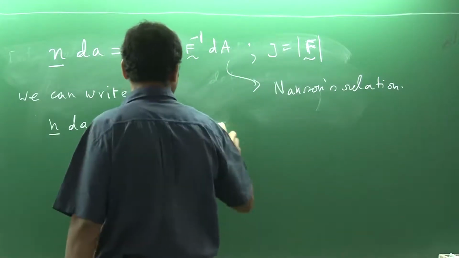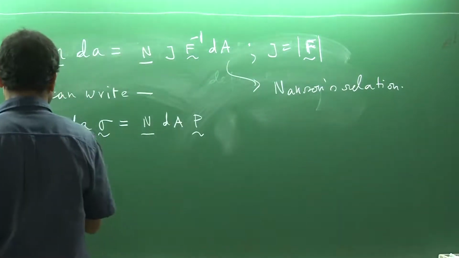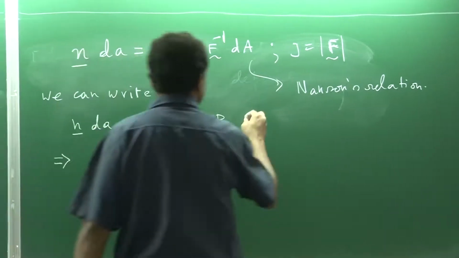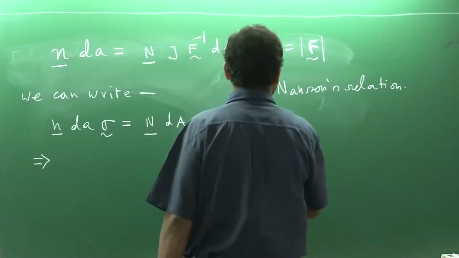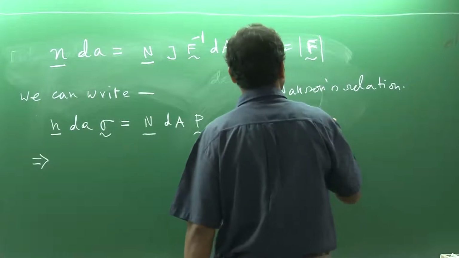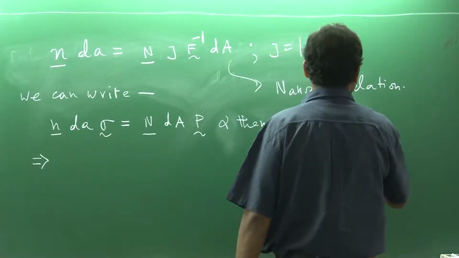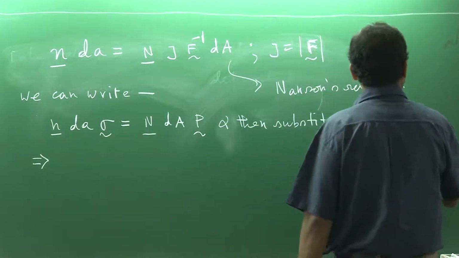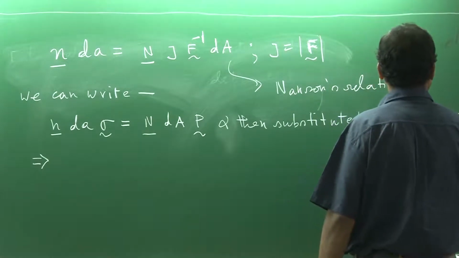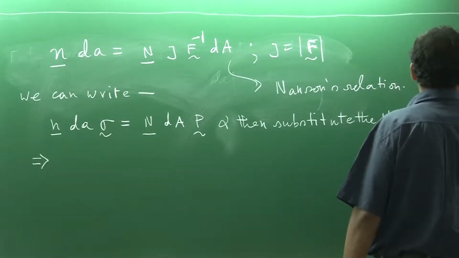Now we can write the right hand side by substituting Nanson's relation, which in fact we have derived.